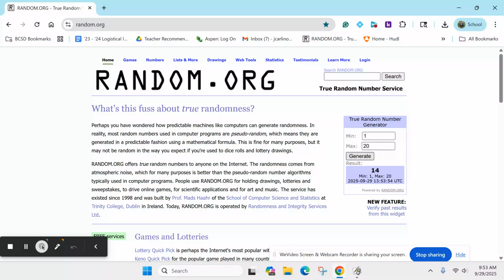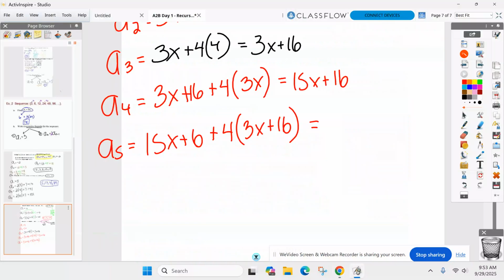All right, Sierra, when you're ready. 27x plus 8. You got it. There you go.